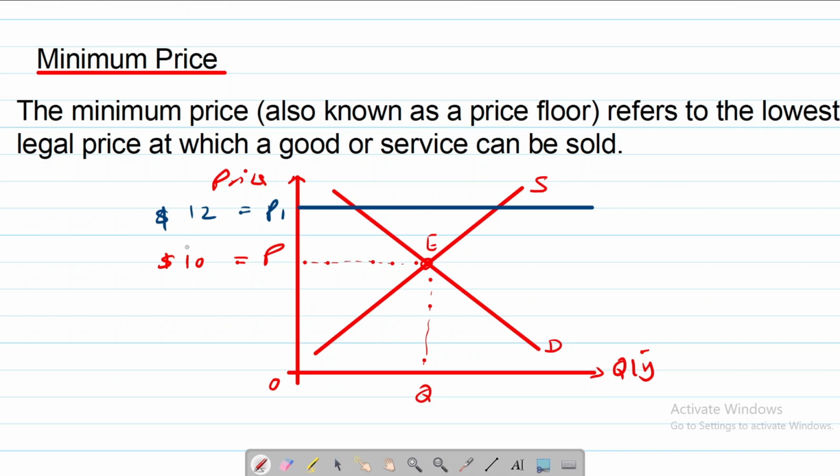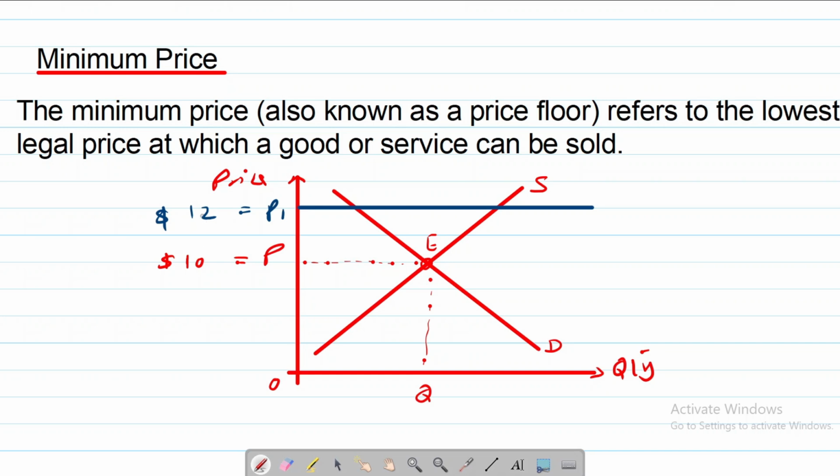When farmers are reluctant to produce goods at a $10 price because they might think that this price is not fair for them, then to ensure continuous revenue and a little profit for the sellers as well, government may ensure them that they will receive at least $12 and the price will not go below $12.